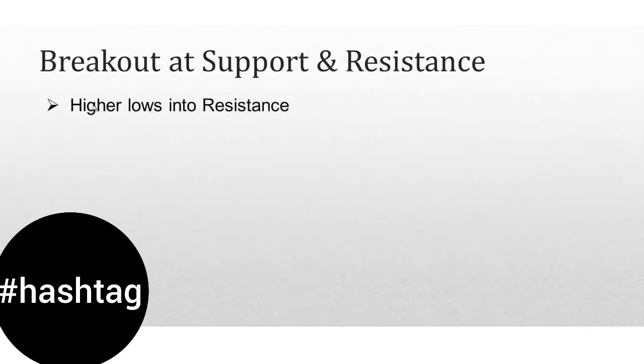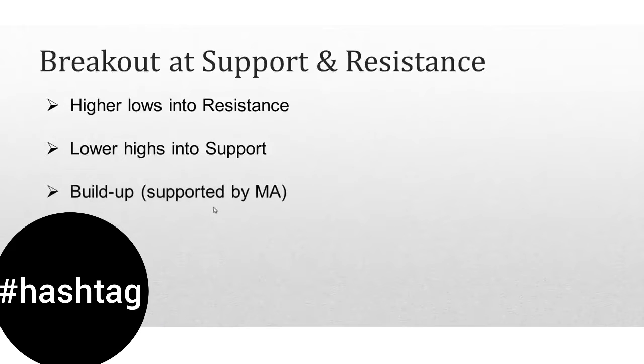What you want to look for is possibly higher lows into resistance, looking somewhat like an ascending triangle, or lower highs into support, somewhat like a descending triangle, or a build up that is typically supported by a moving average. So if all this is foreign to you, don't worry. Let me share with you a few examples.